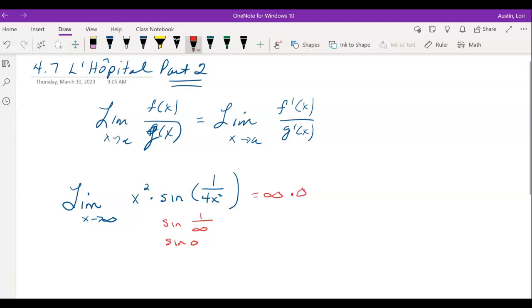So what we have right now is a limit we can't solve. Because believe it or not, as much as you want to think that 0 times infinity is 0, it is not. We're not going to get into that, but it's not.